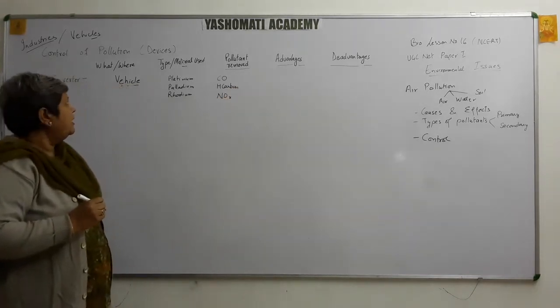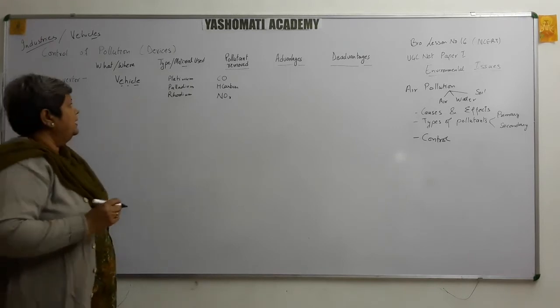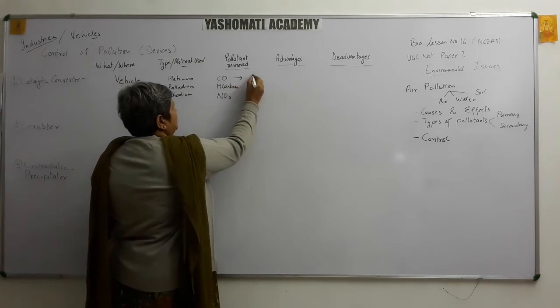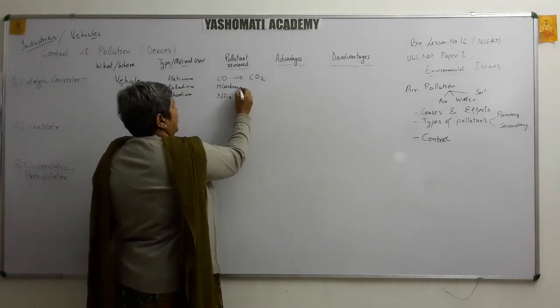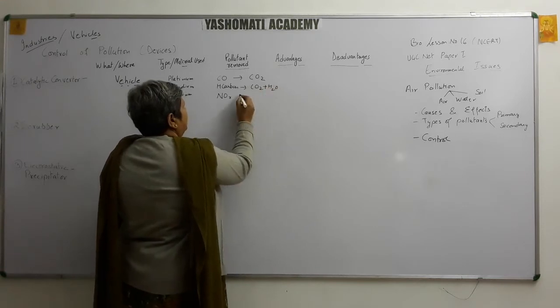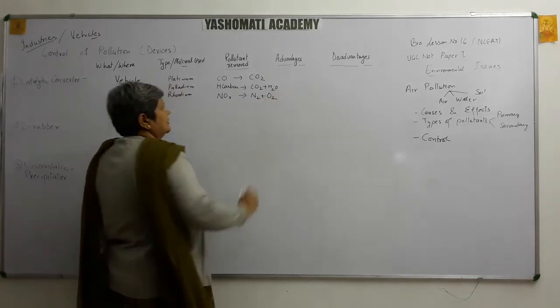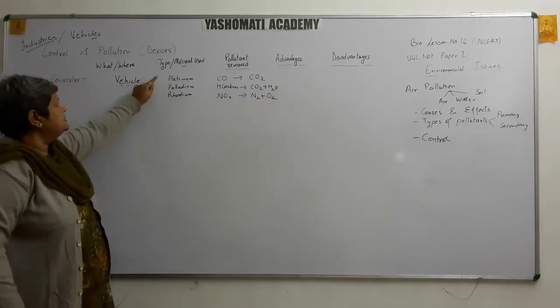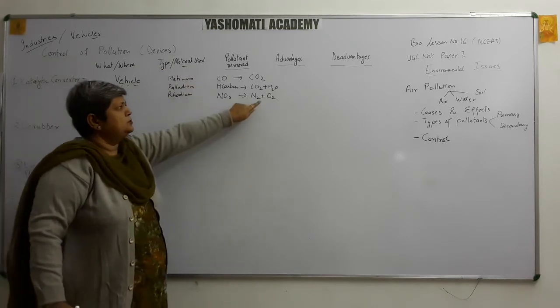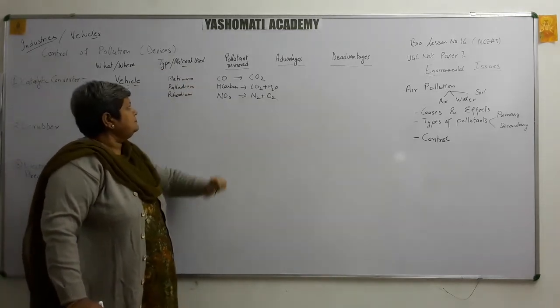These gases are coming out of the vehicle, right. So, what do these substances do? They convert carbon monoxide to carbon dioxide, hydrocarbon to carbon dioxide plus water, and NOx to nitrogen plus oxygen. That is the function of these materials.